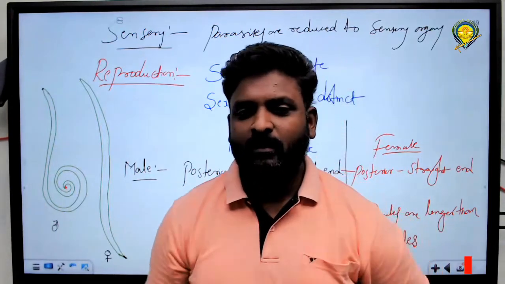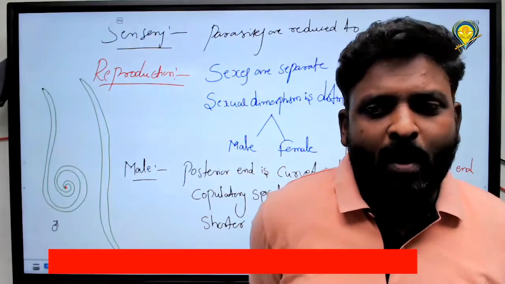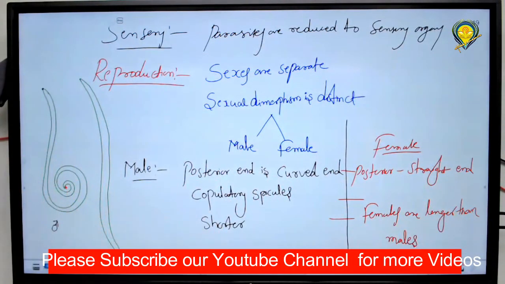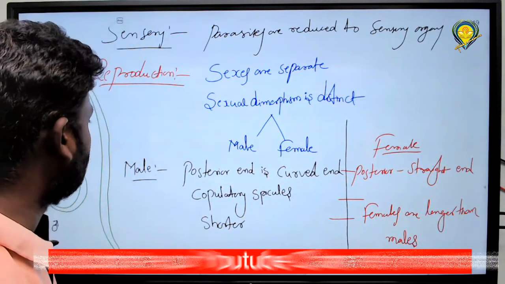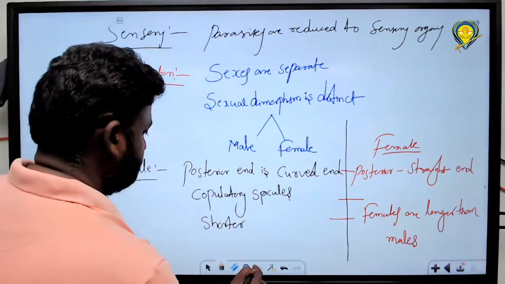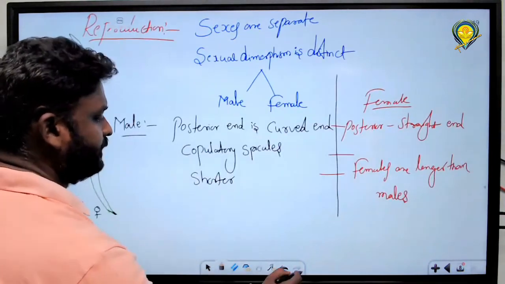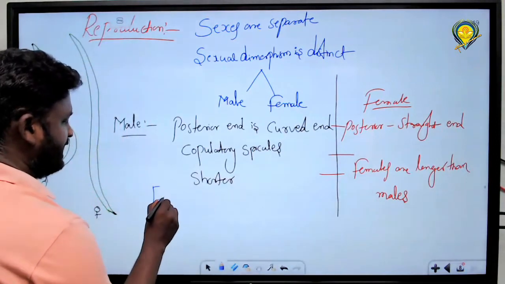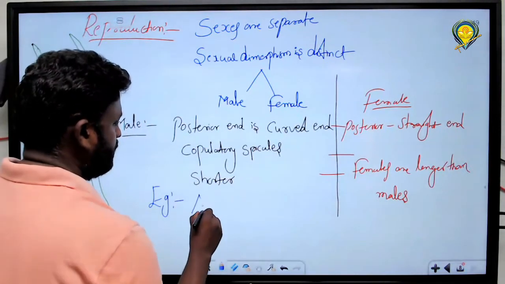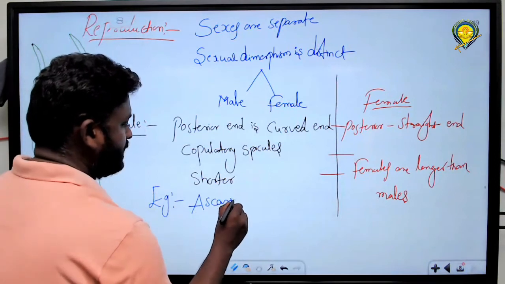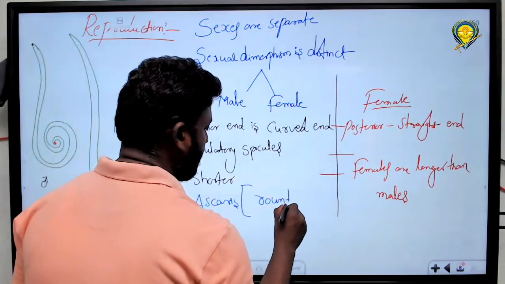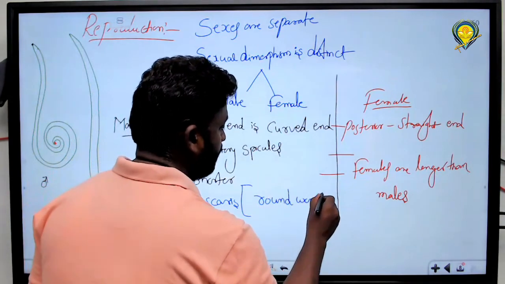And next one, Enterobius vermicularis, right? Please write the examples. First one, Ascaris, the common name: roundworm or hookworm? Roundworm. Very good.